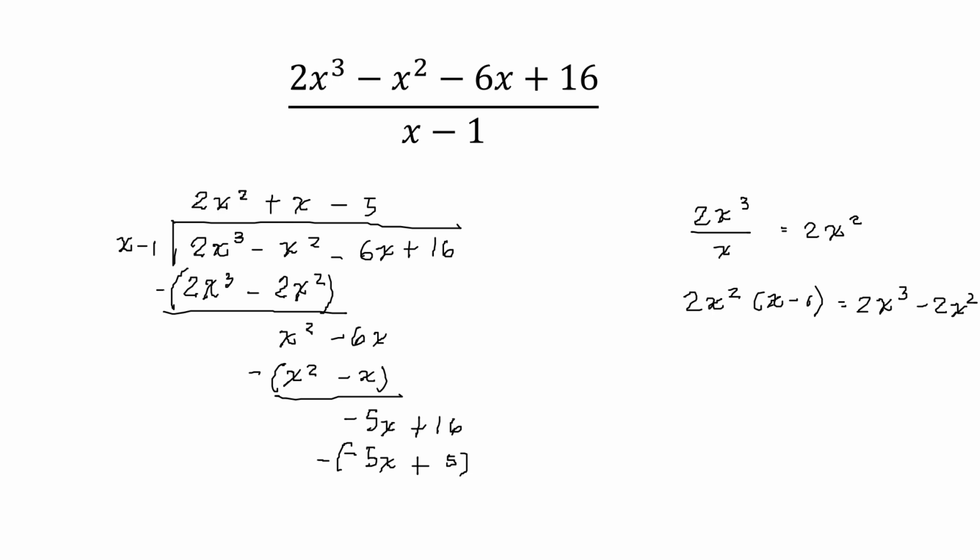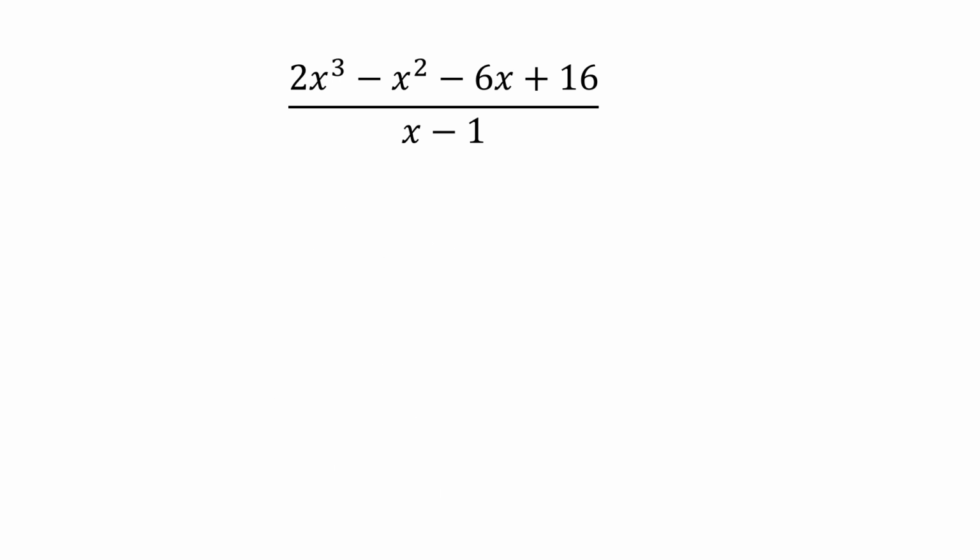Negative 5x plus 5x is 0. 16 minus 5 is 11. So our answer, 2x squared plus x minus 5, remainder 11. Let me just check our answer again. Yeah, this one's correct.